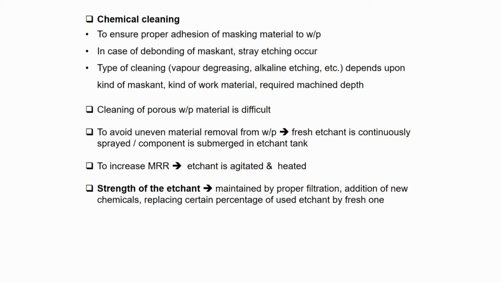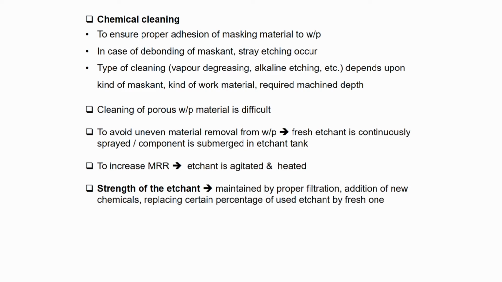To increase the material removal rate, the etchant is agitated and heated. The strength of the etchant is maintained by proper filtration, because the material being machined dissolves chemically into the etchant.